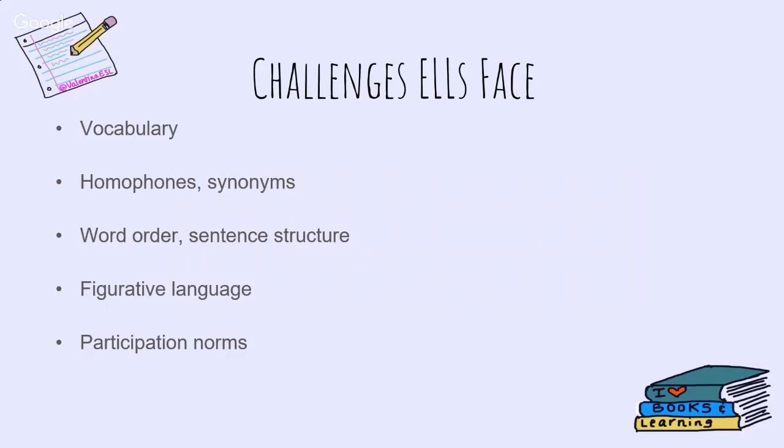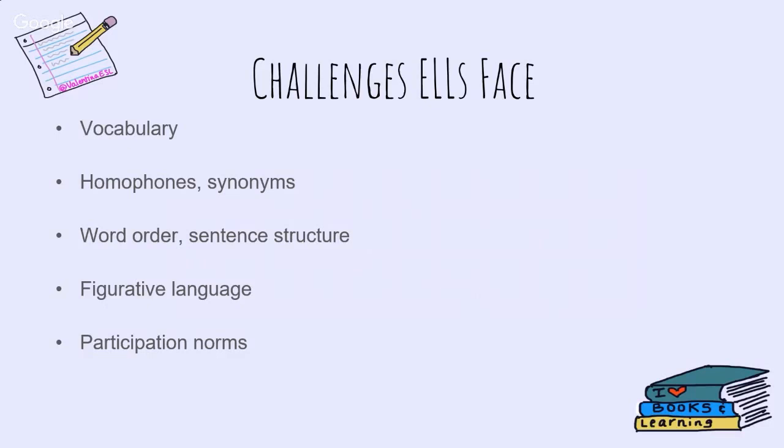Homophones and synonyms, word order and structure of a sentence varies between different languages. Figurative language is extremely challenging for our ELLs. I remember when I taught 3rd grade several years ago, and I had a new student from Korea, and as we lined up for lunch, the kids were discussing what we were having today, and someone said turkey fingers.